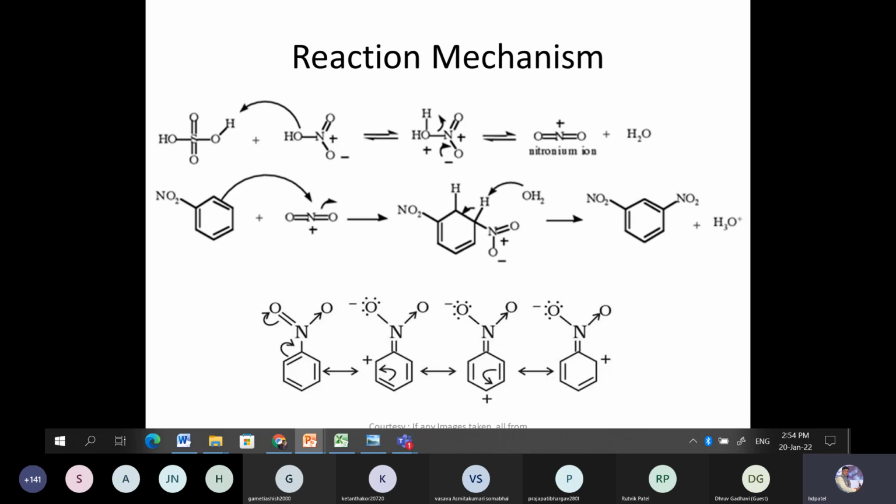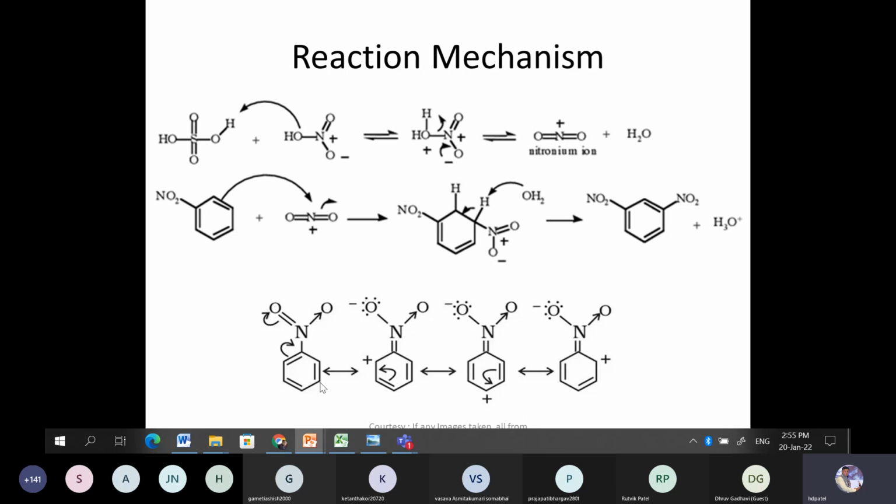So what happens when we have positive charge on the ortho and para positions? Can NO2 plus, the nitronium ion, attach to the positive charge? No, or there is less chance of attaching at these positions. But the nitro group will attach at the meta position only.